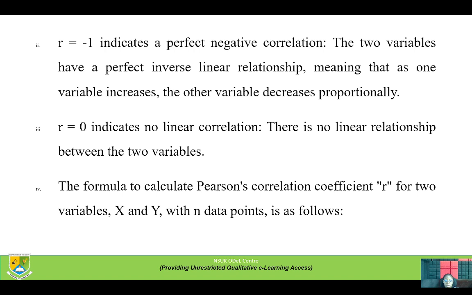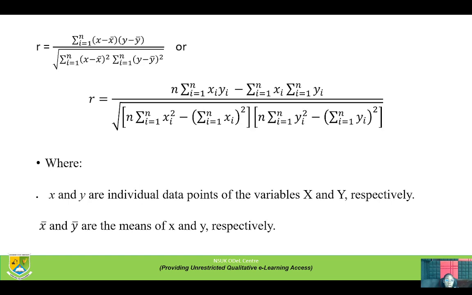The formula for calculating the Pearson's correlation coefficient is given as follows. There are two alternatives to this formula. You either go with the first one or the second one.